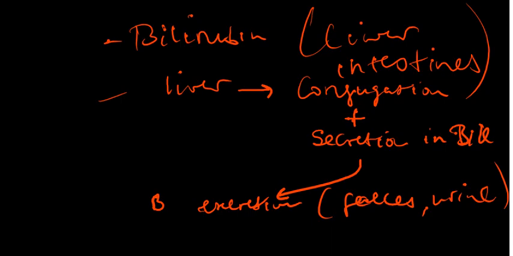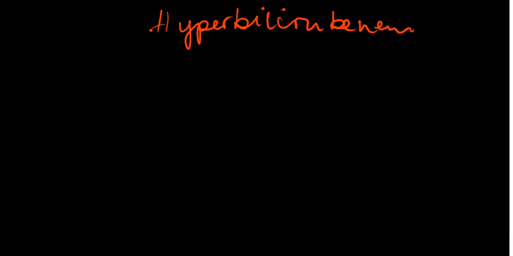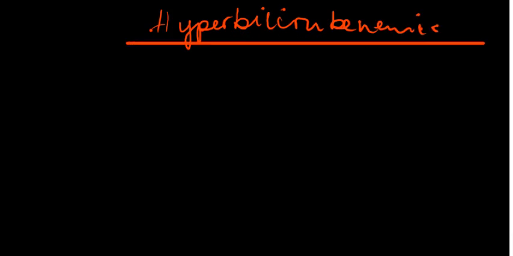So now, when there's a problem with the levels of bilirubin, you have a condition that we call hyperbilirubinemia. Okay, this is a condition. The normal concentration of bilirubin in a person is 0.1 to 1 milligram per deciliter.